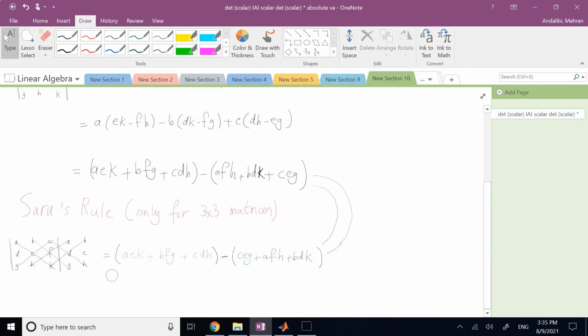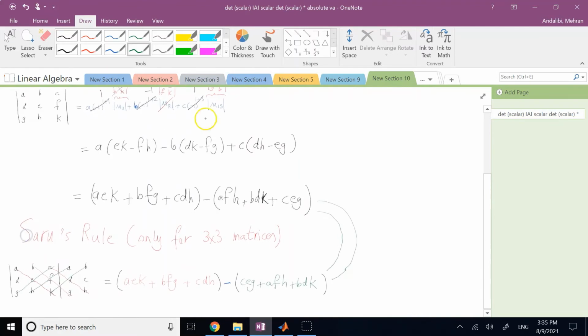So you can get it by expansion and calculating all the cofactors and everything. Or you can just copy the first 2 columns; the main diagonal and the parallels to it are positive, the anti-diagonal and parallels to it are negative, and this gives you a lot faster solution. So Sarrus's rule is very, very useful.